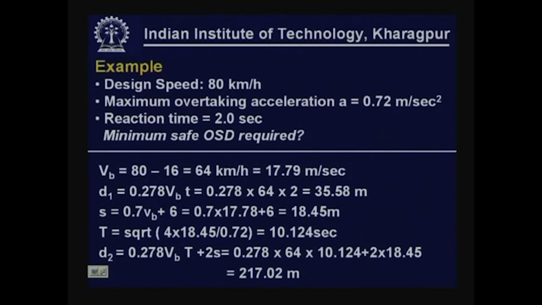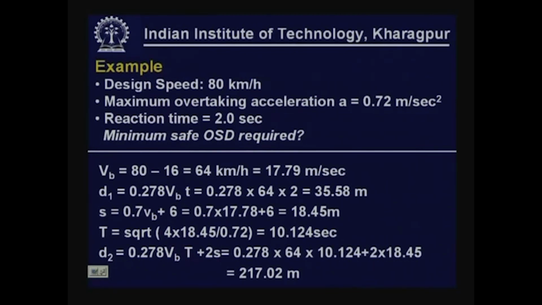Now, let us take an example. If the design speed is say 80 km per hour, maximum acceleration is 0.72 meter per second square, reaction time is 2 seconds, then what is the minimum required overtaking sight distance?